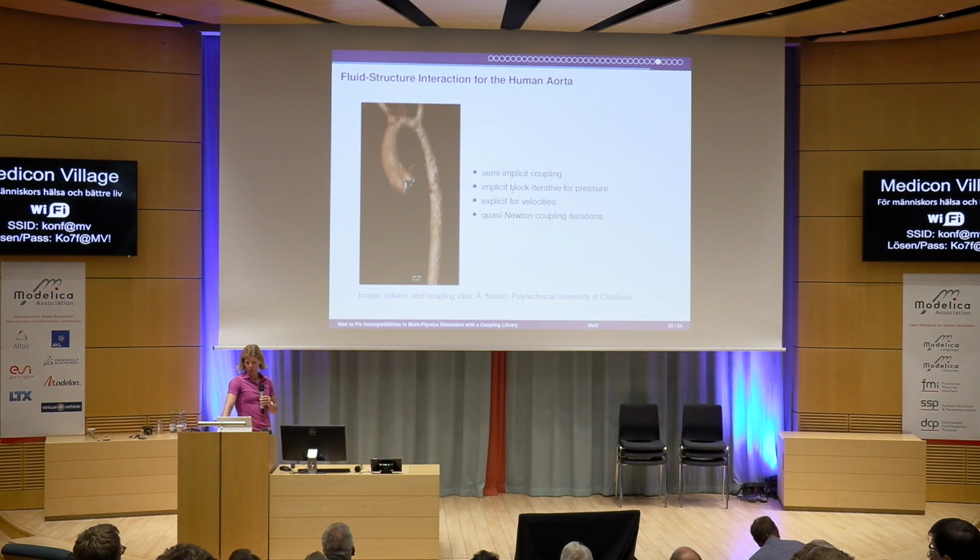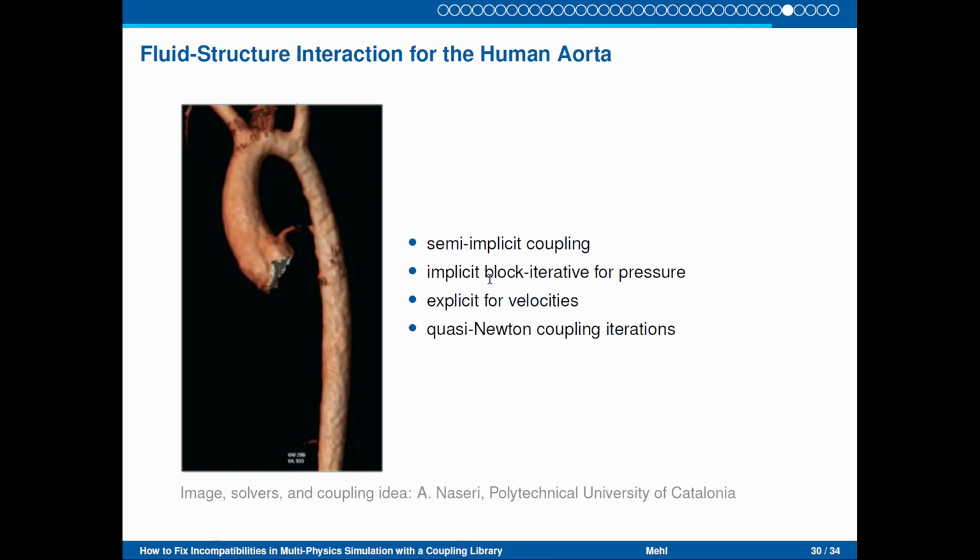Last example, human aorta. Here, again, a guest from Barcelona tried a different kind of coupling. He only coupled the pressure in a strong way and the velocities in a weak sense between this elastic wall of the aorta and the flow inside.